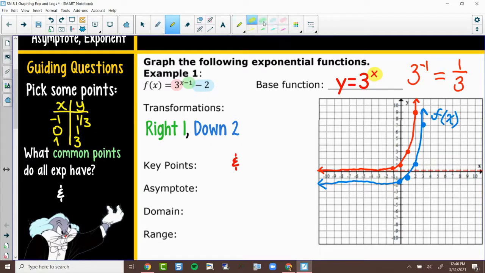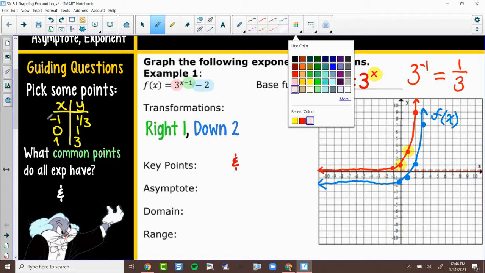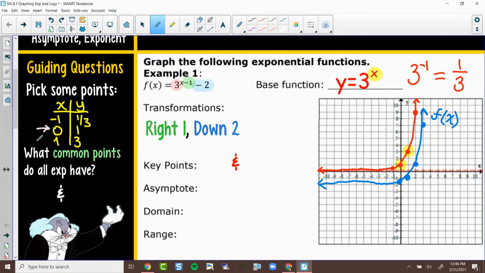Key points, what we mean by that are really this point and this point. Whenever we plugged in 0 and we plugged in 1, these are fantastic points for exponential functions, because any exponent of 0 will go to 1. So 3 to the 0 was this one.